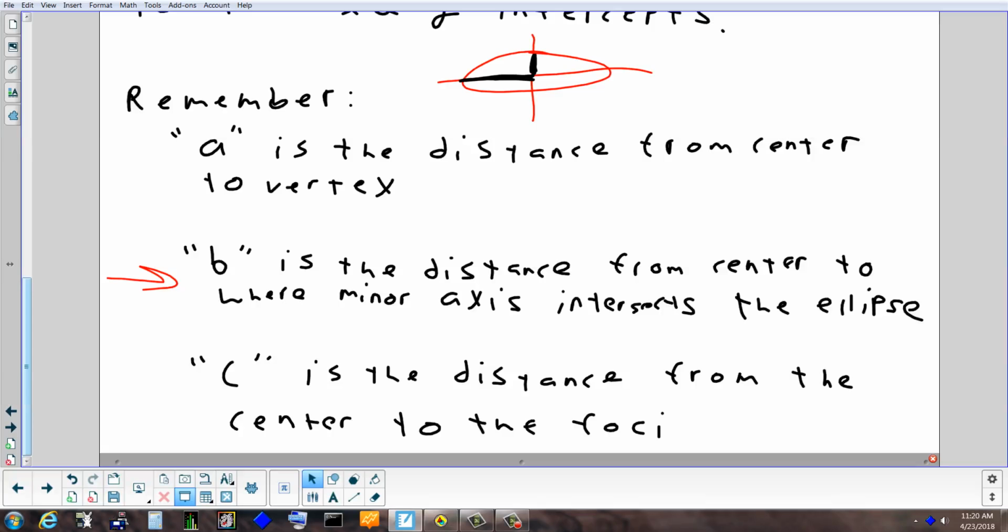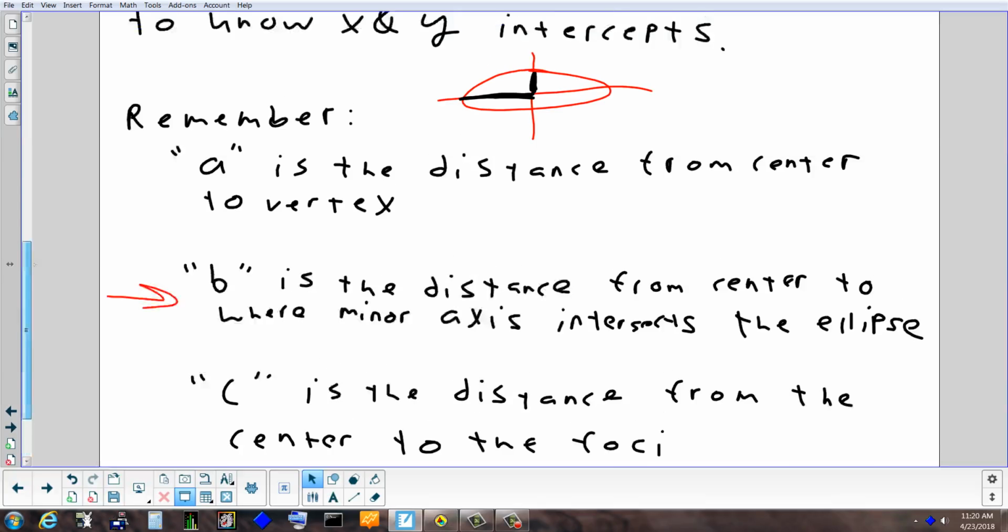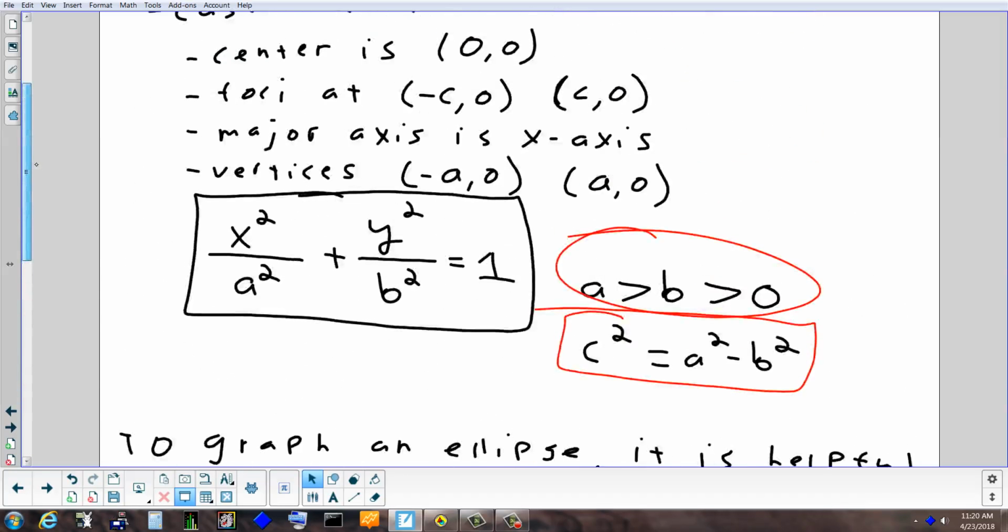Any questions on what A, B, and C are? In any problem, they'll always give you a way to find 2 out of 3 of these. A lot of times, they're going to tell you C, but then you're going to have to do a little work to get A or B, because C is not actually part of the final answer, but you're going to need it.